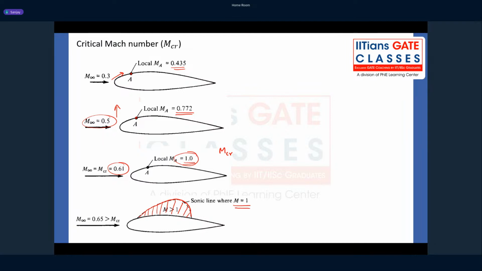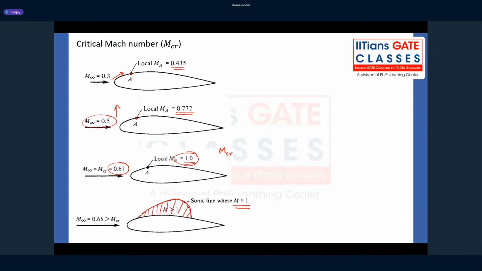The supersonic pocket is very advantageous for an aerofoil, because supersonic flow means you get more lift, plus there is no shock here. Generally in a supersonic flow you have shocks, but here the supersonic pocket ends smoothly on the airfoil, so you have more lift without much drag. This is very advantageous for us.